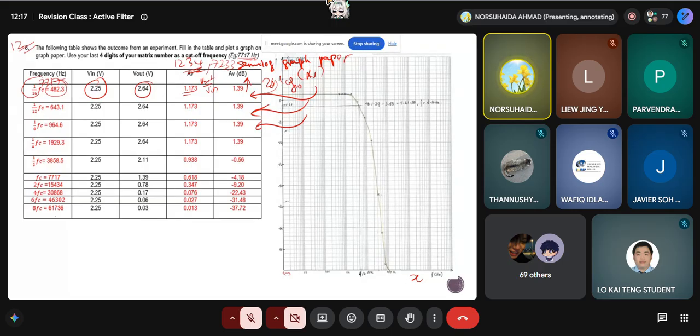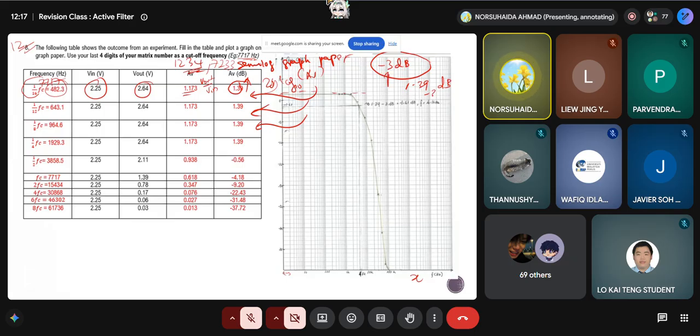After plotting everything, don't forget we have negative 3 dB. How to get this 3 dB? Go to your highest value. The highest value is 1.39 dB, then minus 3 dB.